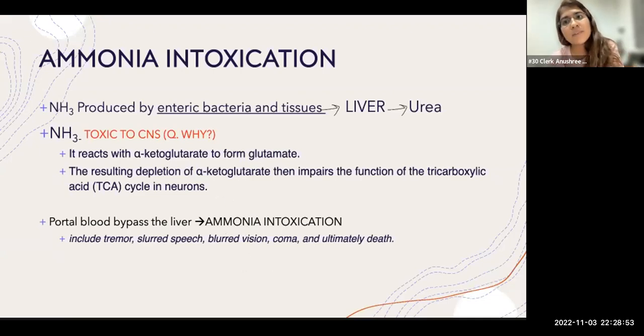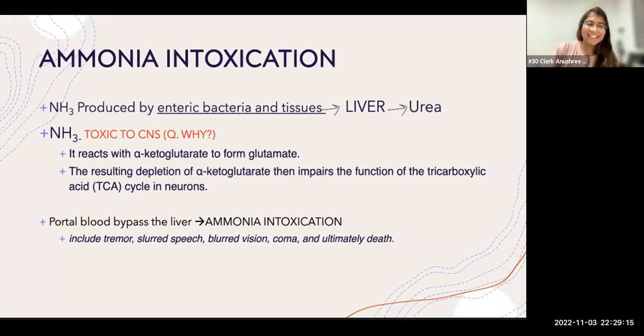So what will happen when they start falling down? Your Krebs cycle or the TCA cycle in the neurons will get depleted. What is your TCA cycle for? Anyone? What's the end result of your TCA cycle?